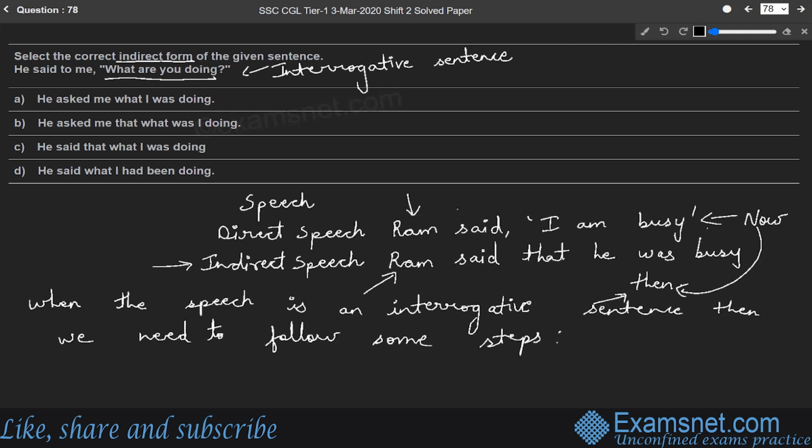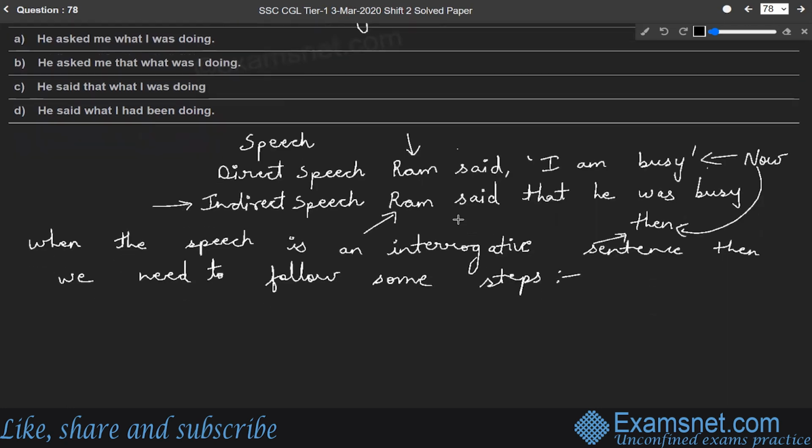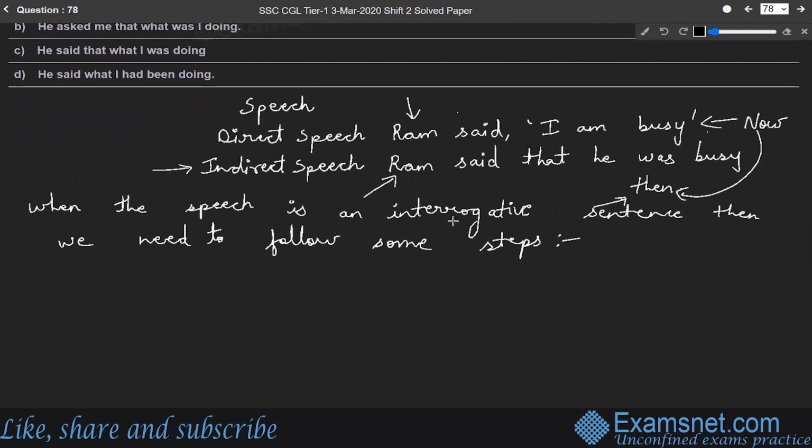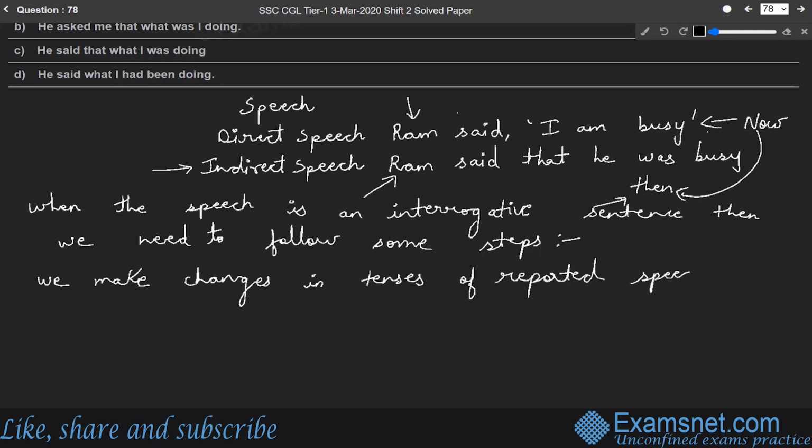Now, before that, you should remember one more thing, that when we have to make changes in the tenses of the reported speech, it is only when the reporting verb is in the past tense. So we make changes in the tenses of the reported speech only when the reporting verb is in the past tense.